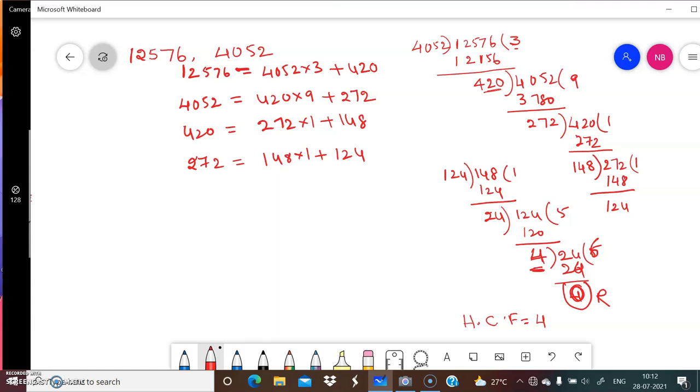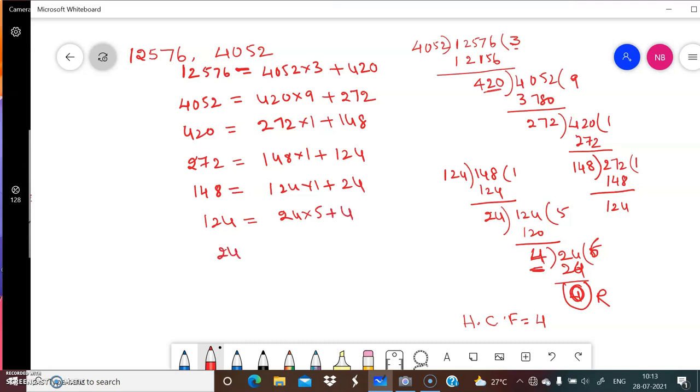And from 124, 148: now 148 is equal to 124 times, we will get 1 time, plus the remainder we got there, 24. Now this 124 is equal to 24, that previous remainder 24 we take, and 5 times it goes, plus 4.